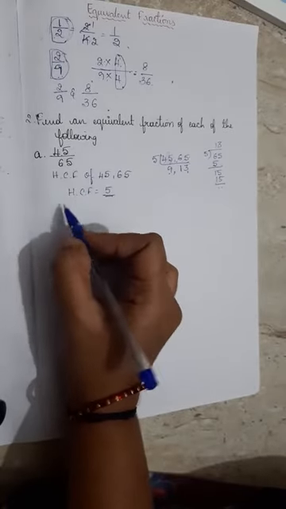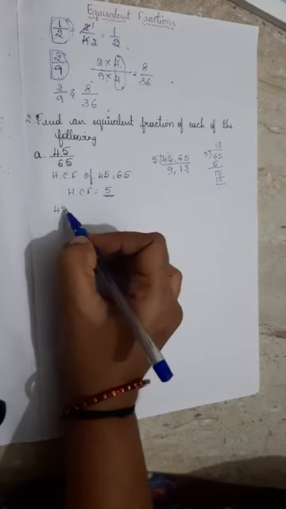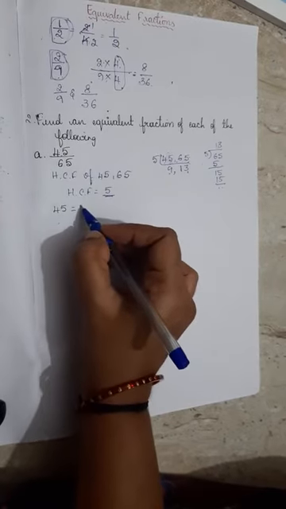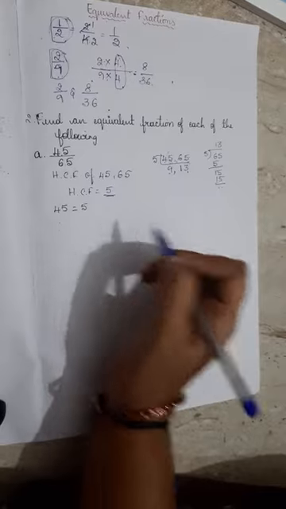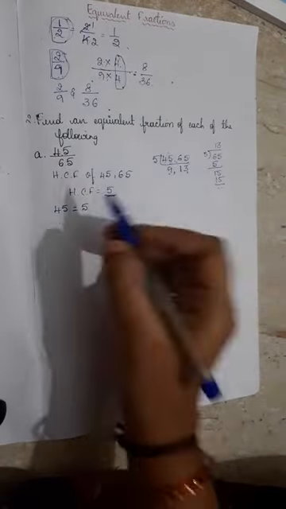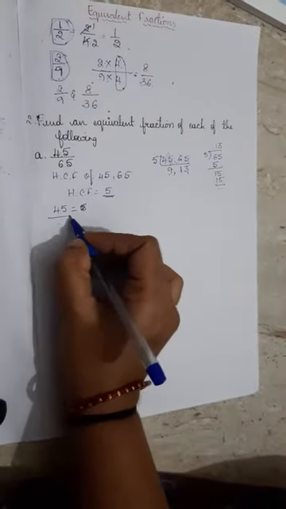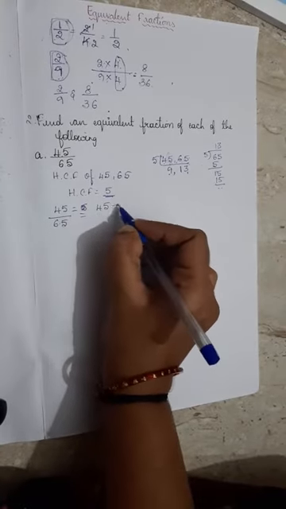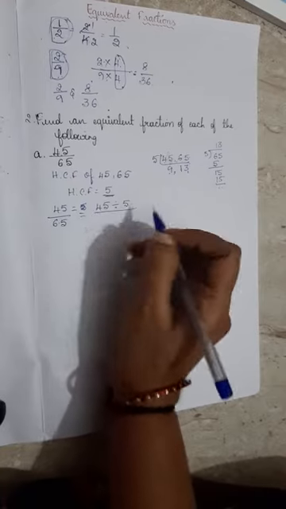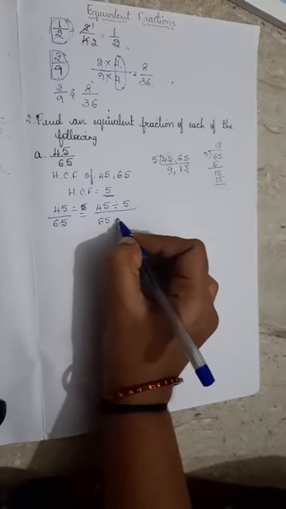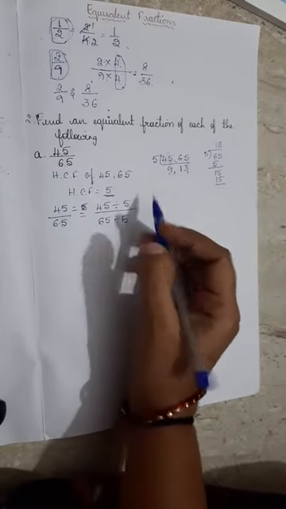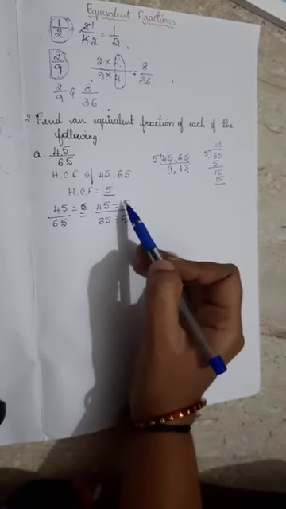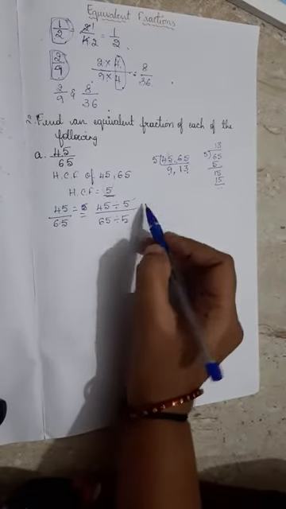Now, 45 by 65 is equal to 45 divided by 5, 65 divided by 5. You just have to divide the numerator and denominator by the HCF.